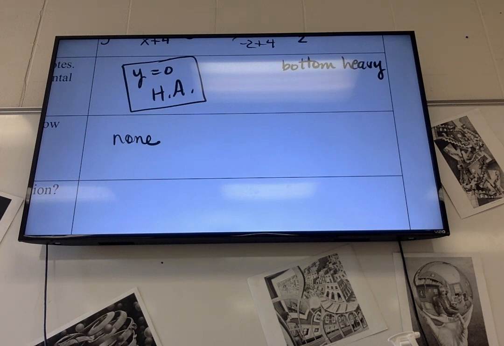See if you can write down the domain and range. Remember, the domain is everything, negative infinity to infinity, except for the vertical asymptote and the x-coordinate of the hole in the graph. And the range is everything except for the horizontal asymptote and the y-coordinate of the hole in the graph.